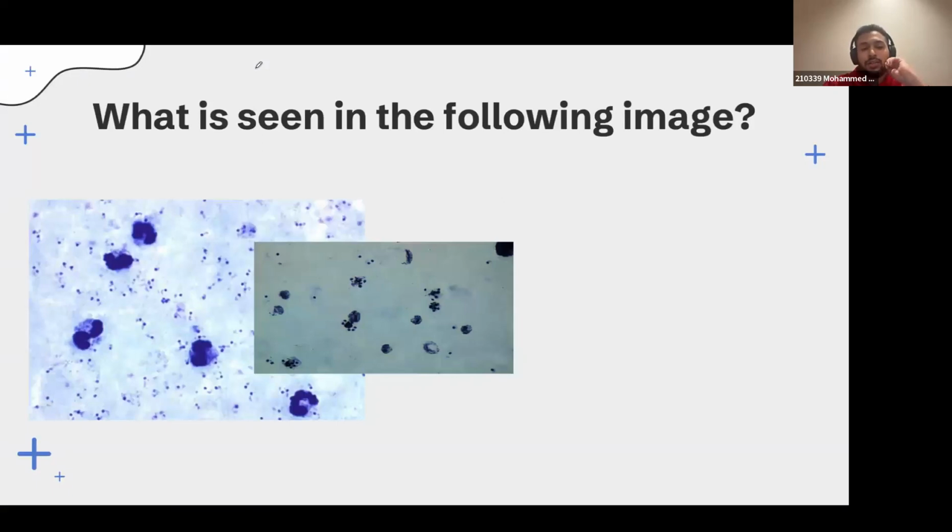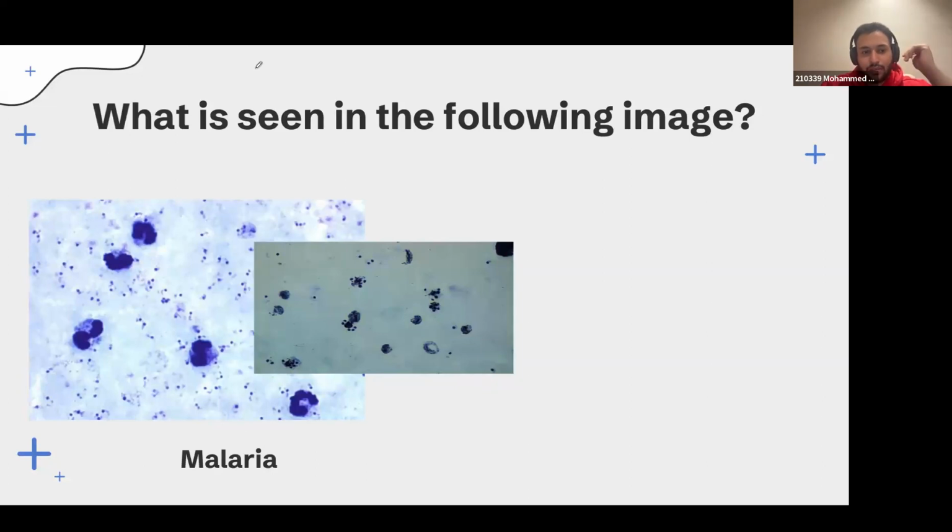Now, can you tell me what's seen in this image? Firstly, tell me what disease, then I'll ask you specifics of this. Excellent, guys. This is malaria, okay? Can we tell what type of plasmodium this is? No. What type of film is this?